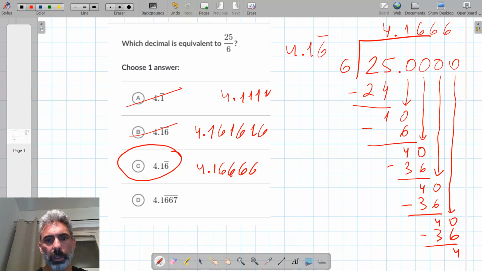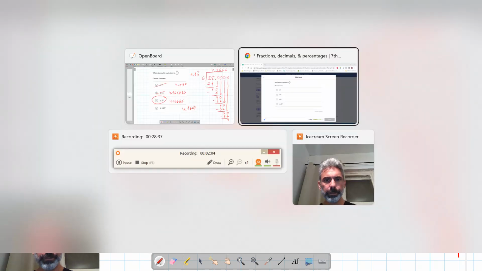It's either we express this decimal as 4.1667, where we round the tail of the decimal number by rounding the 4th digit to the right of the decimal point to 7, but then we don't put the horizontal line above, because this line means that it repeats itself, and it's incorrect. So C is the correct answer.